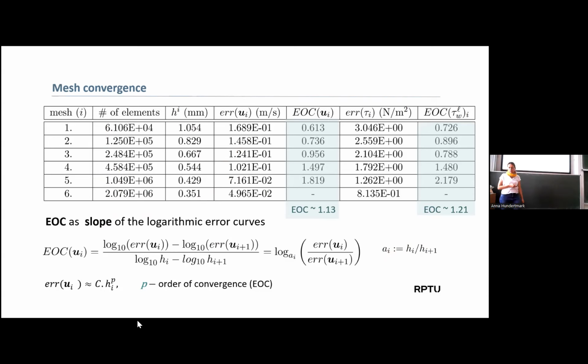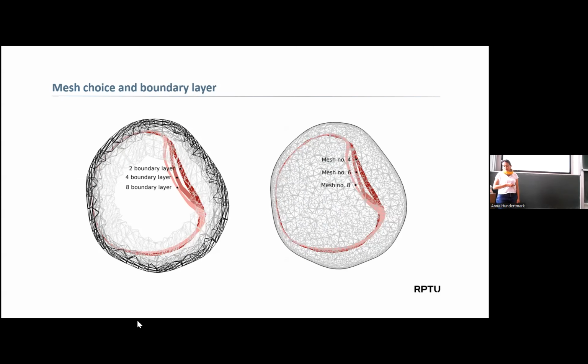So at the boundary we have discontinuities. We do not really expect second order, but we are converging.